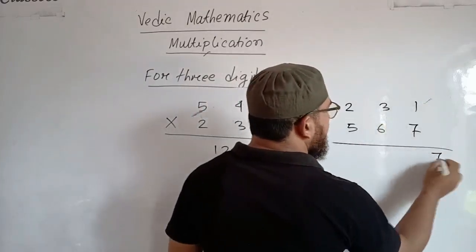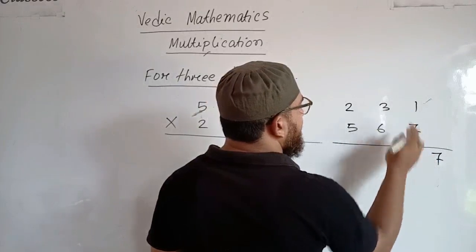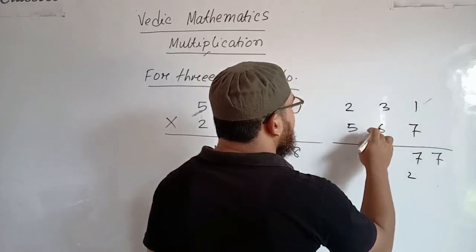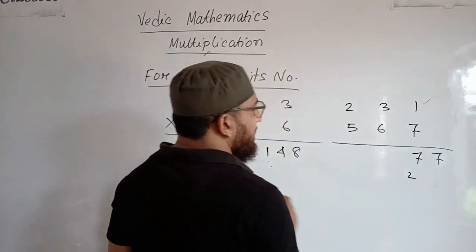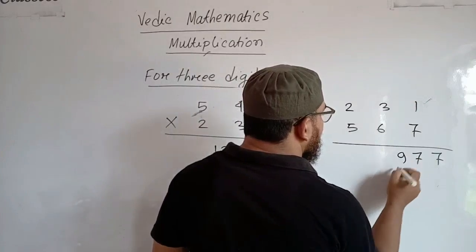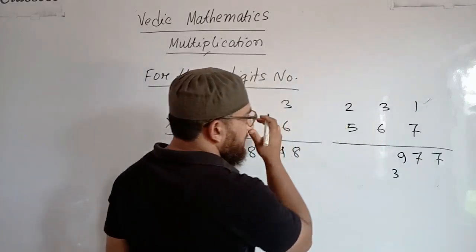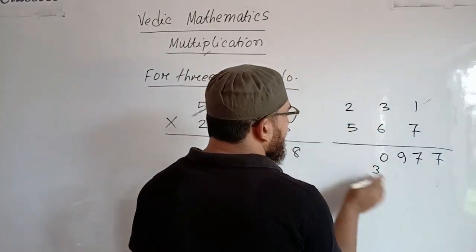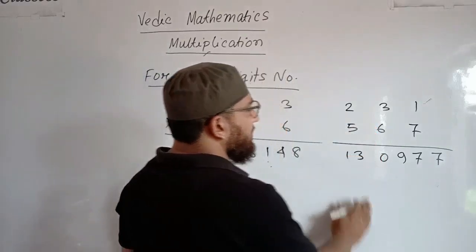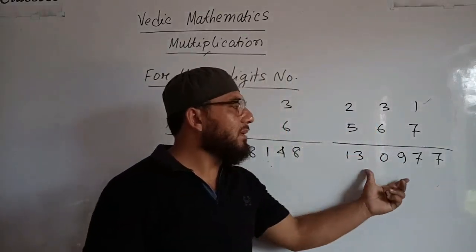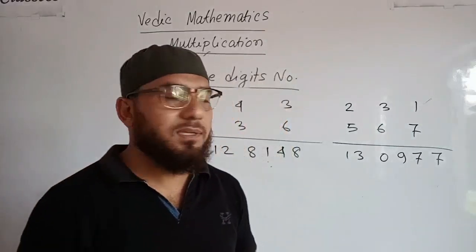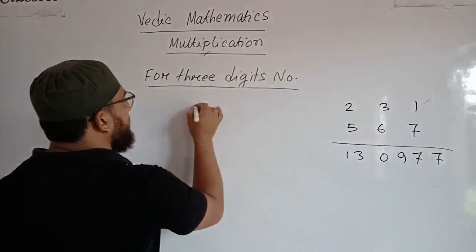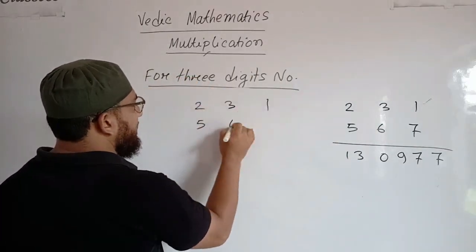So 7 1s are 7, then 21 plus 6, 27, carry 2, then crosswise 14 plus 5, 19, 19 plus 18 is 37, 37 plus 2, carry is 39, carry 3, 12 plus 15 is 27, 27 plus 3 is 30, carry 3, again 5 2s are 10, 10 plus 3 is 13, which is the required answer. So you can multiply within 10 or 15 seconds, right?